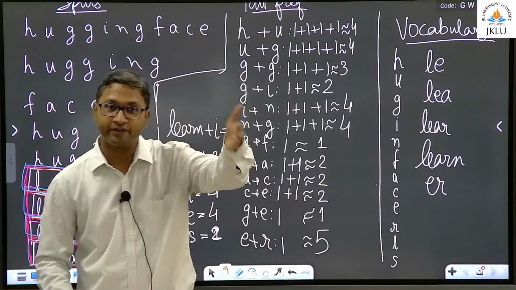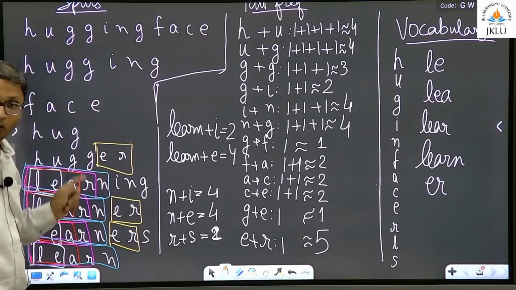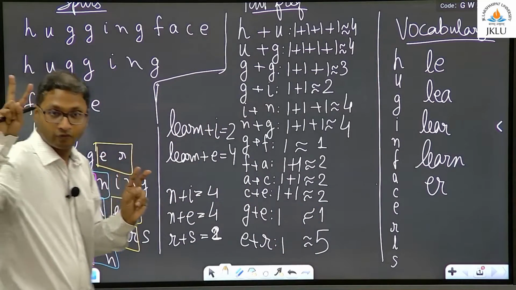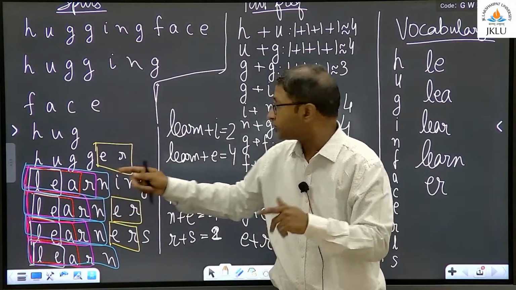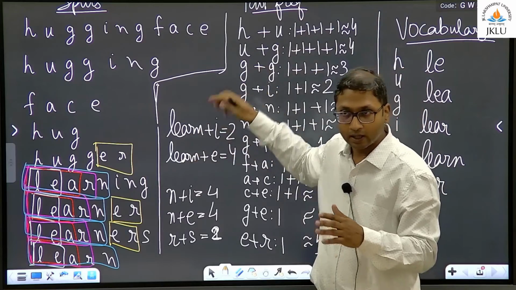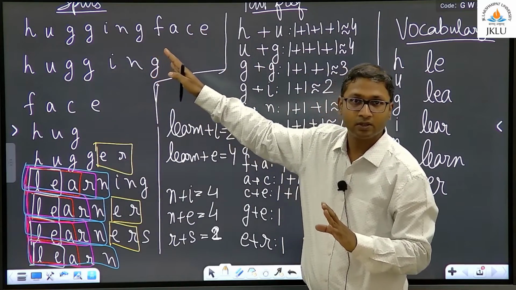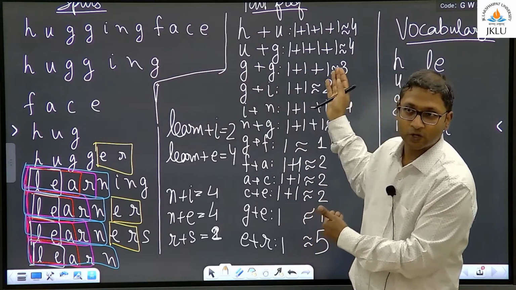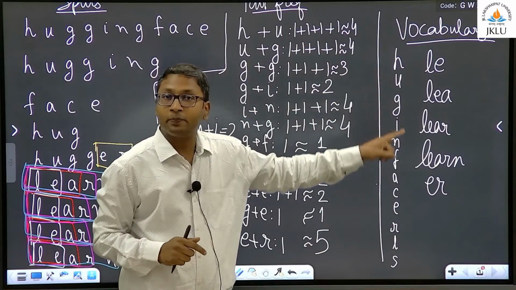So you run merge 5 times and you are done. But this was a super small corpus with just maybe 2 words, hug and learn, right? So you had all these pairs. This particular toy example was a good one, because else this would have been a daunting task for us to do, and that too repetitive.